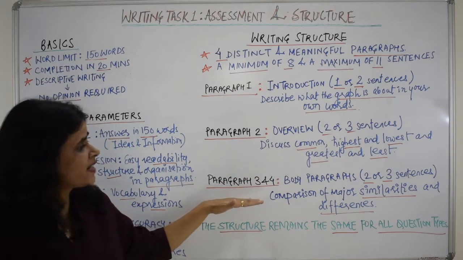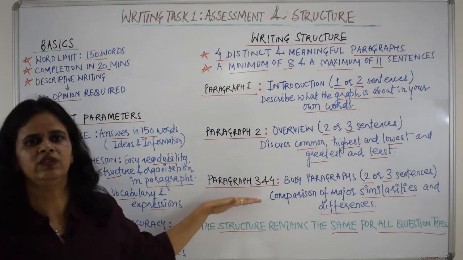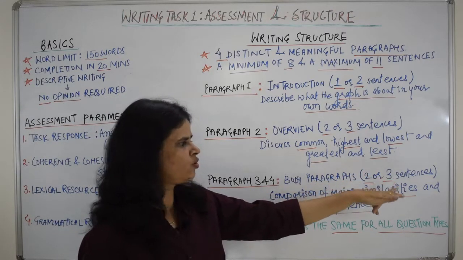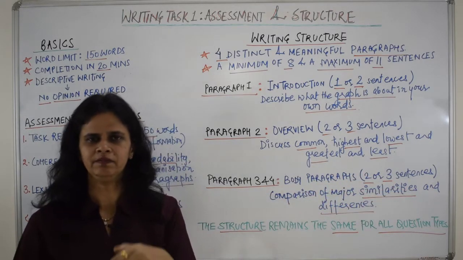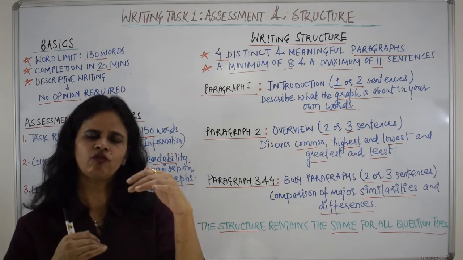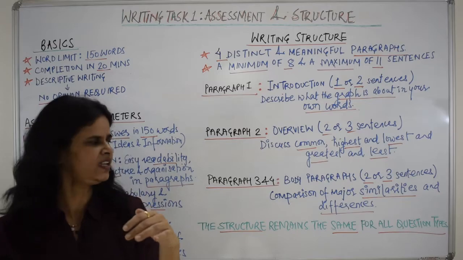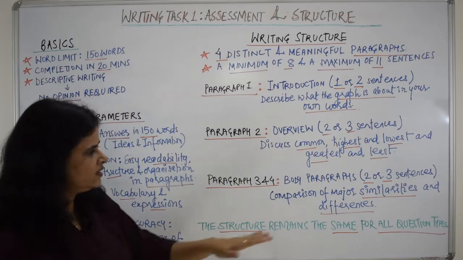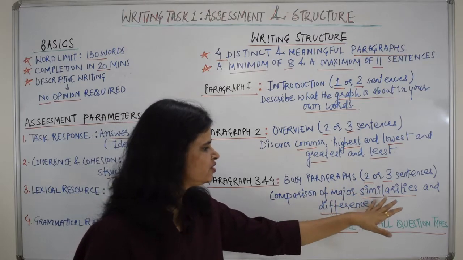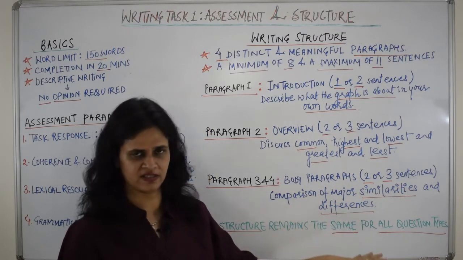Now coming to paragraphs 3 and 4, which are known as the body paragraphs, they should be 2 or 3 sentences each. This is the part where you make a comparison of major similarities and differences.